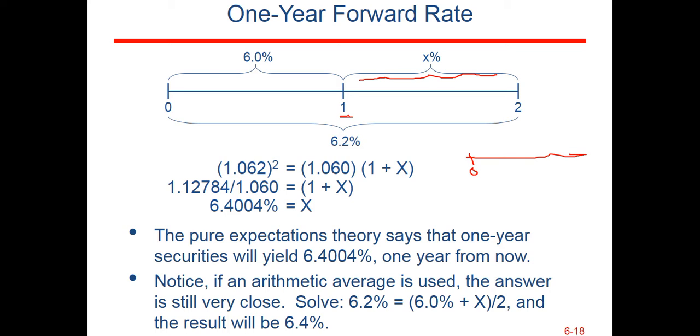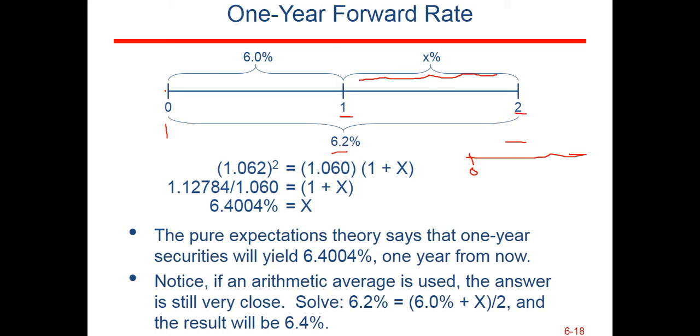So between year 1 and year 2, what is going to be my interest rate, given the 2-year interest rate is 6.2? What you are going to do is, you can take any principal, $100 or $1, it doesn't matter. If you take $1, it is going to be 1.062 in year 1 and 1.062 squared in year 2.